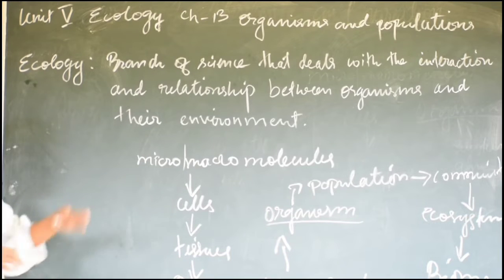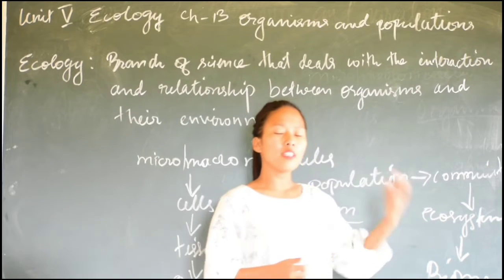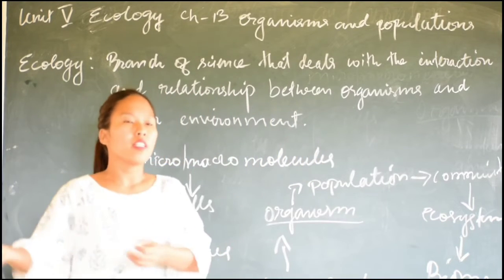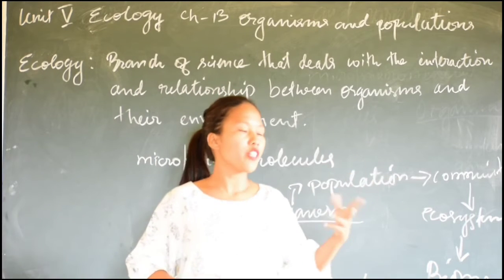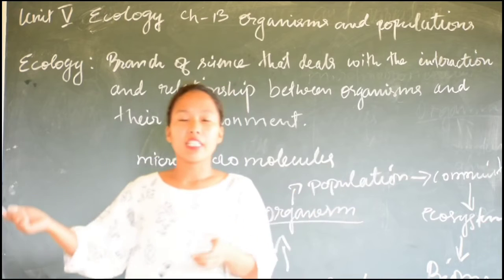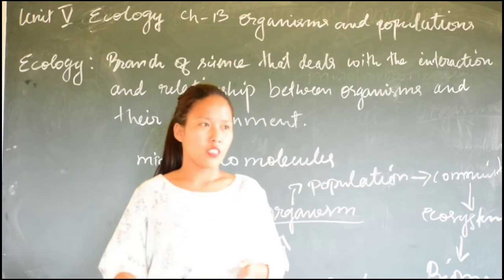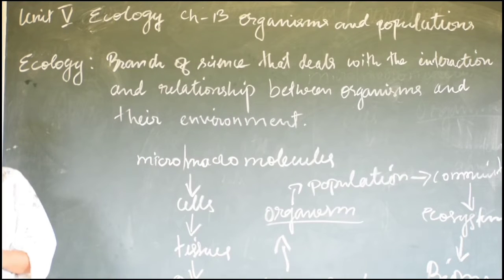Under this biome, we have different types of habitats, and all the habitats are not the same. They are different from one another. Like the climatic condition of a desert is very different from the climatic conditions of a tropical forest or a rainforest. So there are so many variations in habitats.